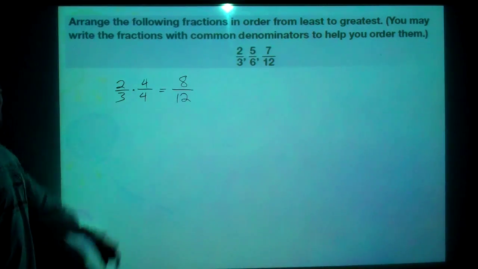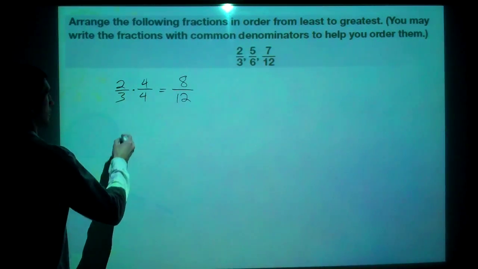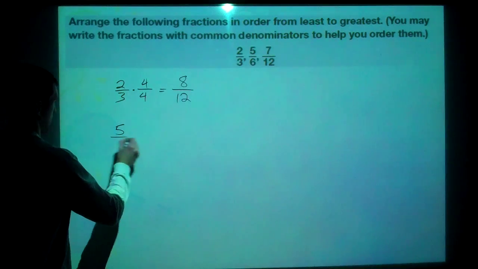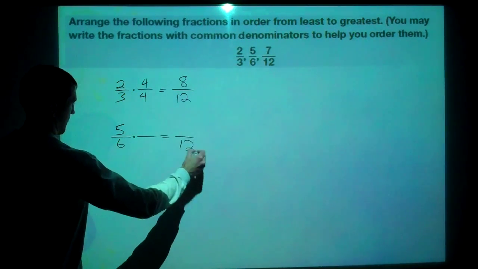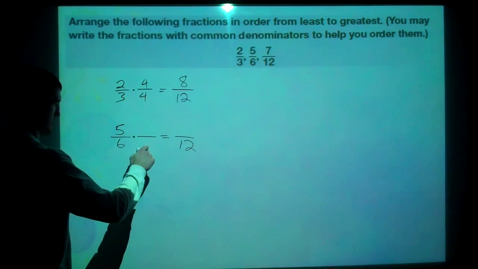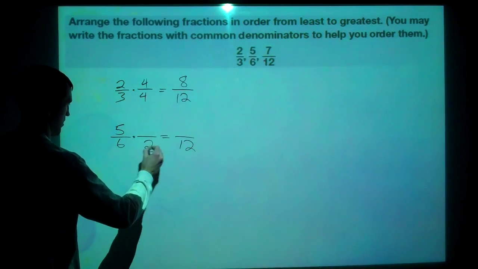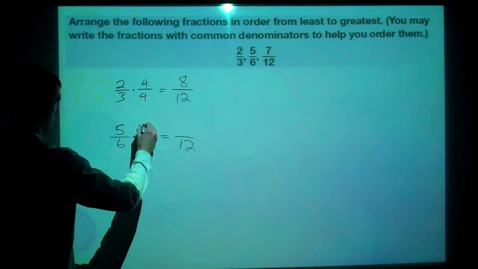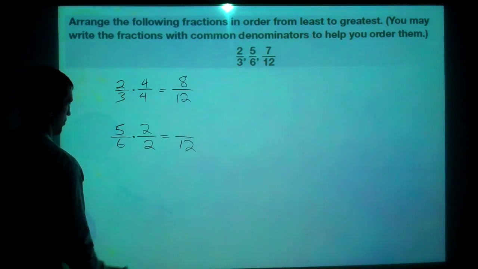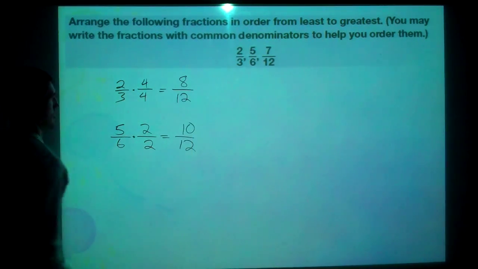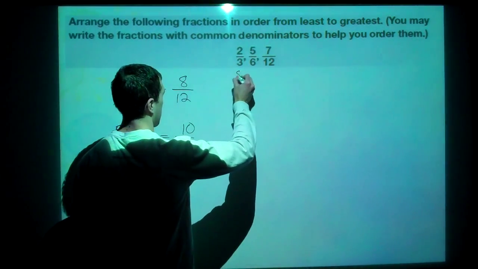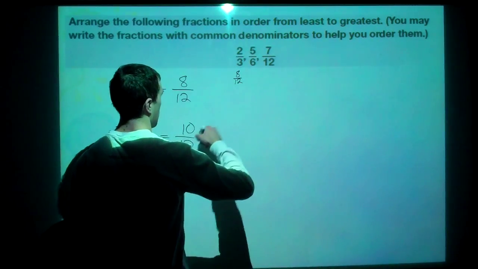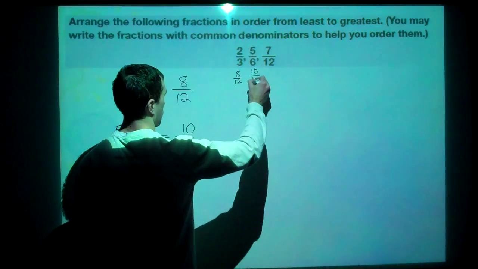Once again, multiplying by 1 in disguise. 5 over 6, we multiply 6 times 2 to get 12. And that would be up here. 5 times 2 is 10. So now we can see 2/3 is also the same thing as 8 over 12. This is the same as 10 over 12.